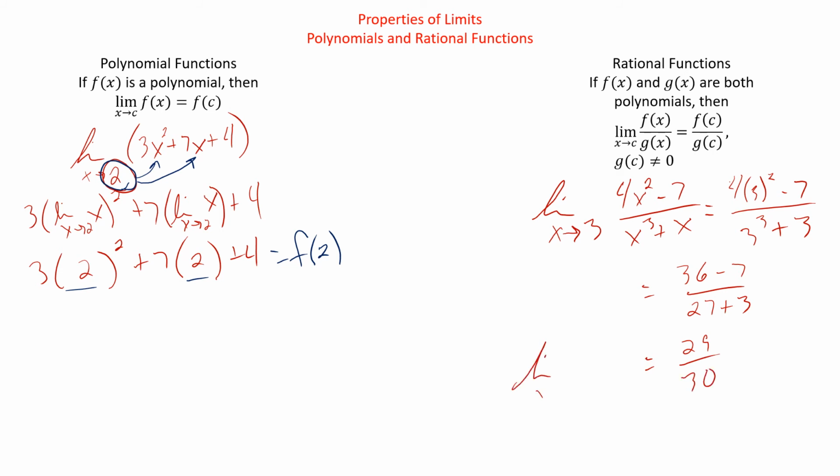So the limit as x goes to 3 of 4x squared minus 7 over x cubed plus x equals 29 over 30. And notice I didn't use the properties. You could see the properties in there if you really wanted to, but we just plugged it in because it's a rational function, so we can use substitution.